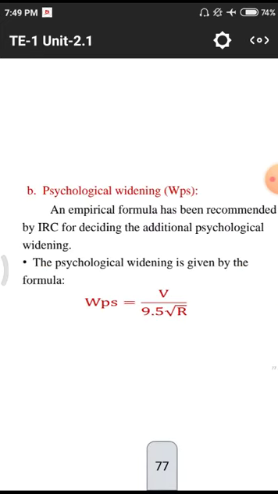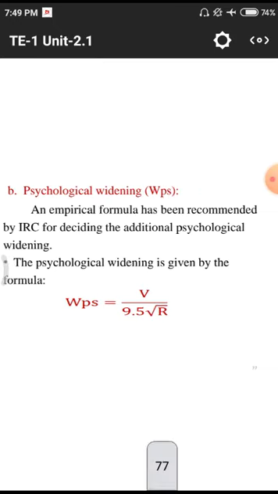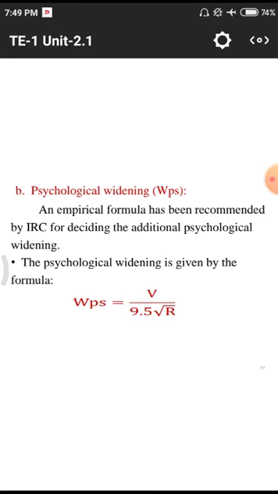The first one is the mechanical widening. The second concept is physiological widening. In the empirical formula, it is recommended as per the design of IRC. From first class onwards we studied that the total roads and their layouts are prescribed by the IRC, that means Indian Roads Congress.